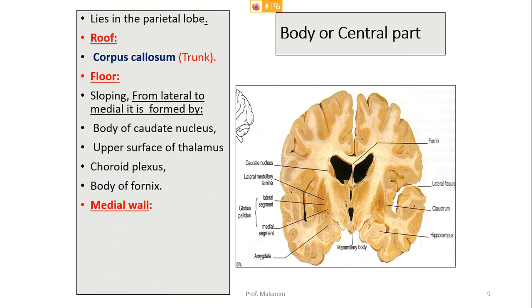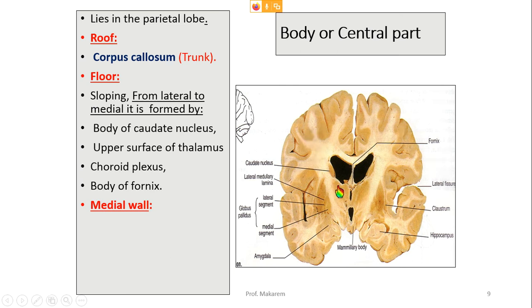I'm not projecting them on the screen, but I'm telling you the structures contributing to the floor of the central part. One is the caudate nucleus, and just medial to it we can identify the stria terminalis. Medial to the stria terminalis we can identify the thalamostriate vein.